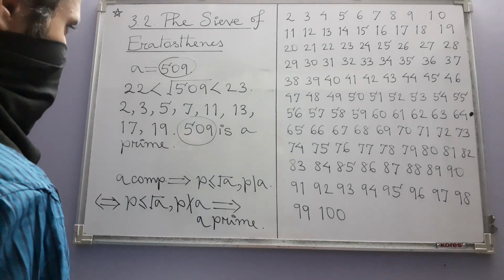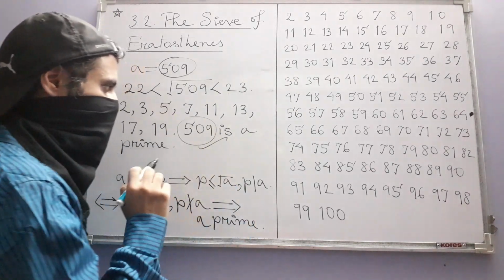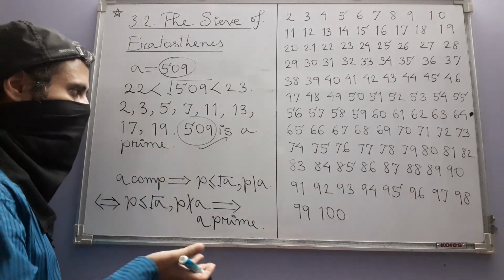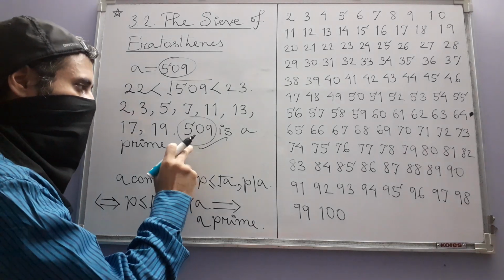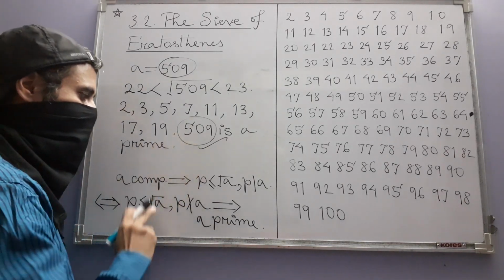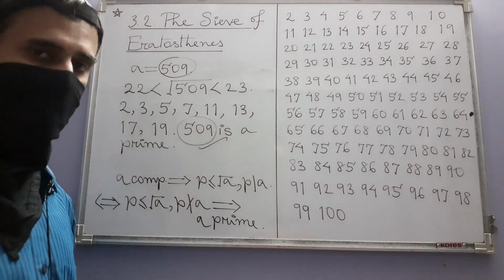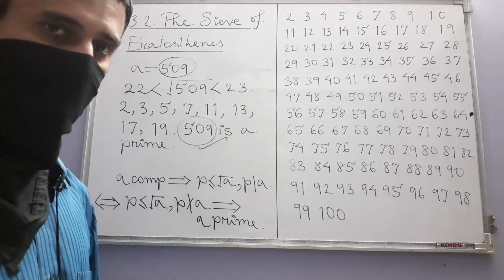Now this fact can also be used. You see, this is in one direction. 509 is a prime, and we have just now verified that it is a prime using this property. But if we have a composite integer, then we can also use this property to find its canonical factorization. So this next example is about that.